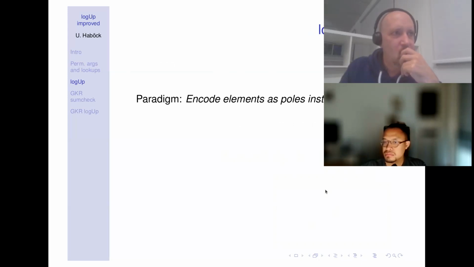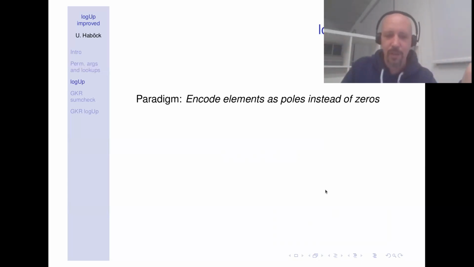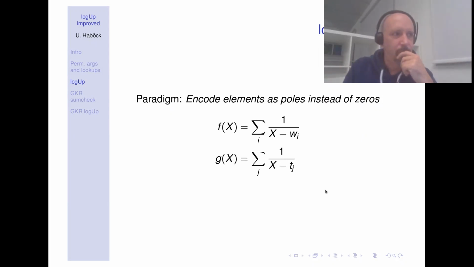LogUp follows the same principle as lookup. The main difference is now we use a different algebraic object, not polynomials. So we don't encode our elements as zeros of polynomials. We do otherwise, we encode them as poles. So for the witness sequence, you just add a pole for each element, and for the table the same.